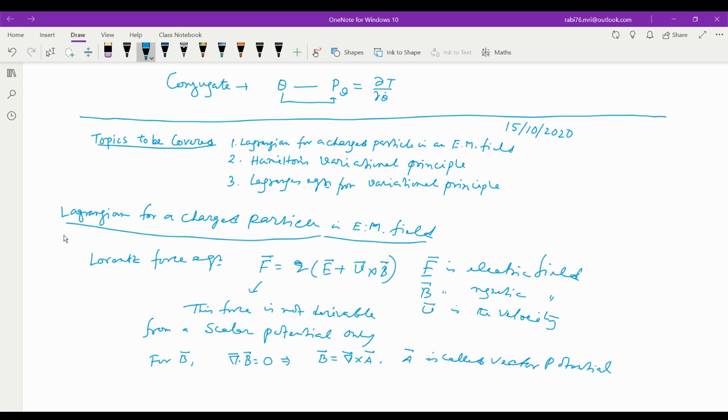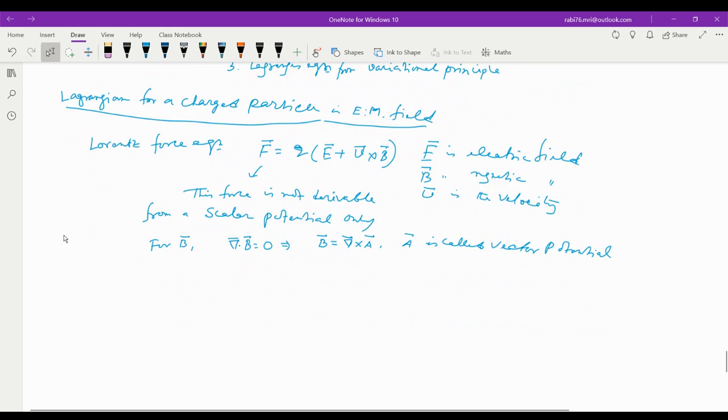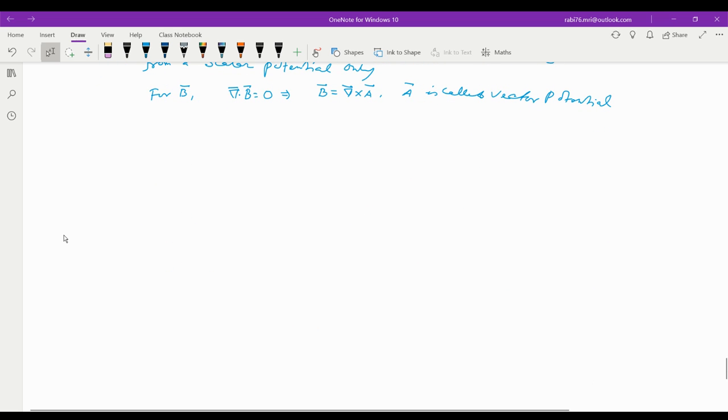Now how can we represent E? We have from Maxwell's equation for E this relation. We have the relation del cross of E equals to minus del B del t, right?